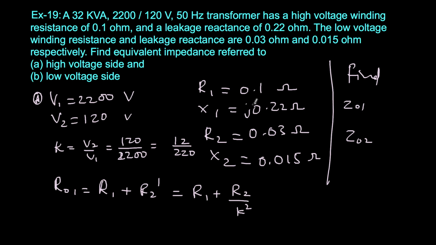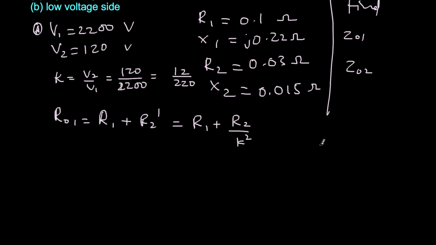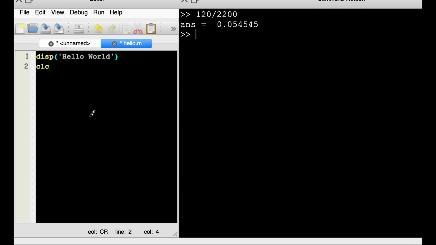So instead of working on the command window, I'll just write a small code here. I'm defining the variables: R1 is 0.1, X1 is 0.22i. This is a complex number, so I'm defining it like this.